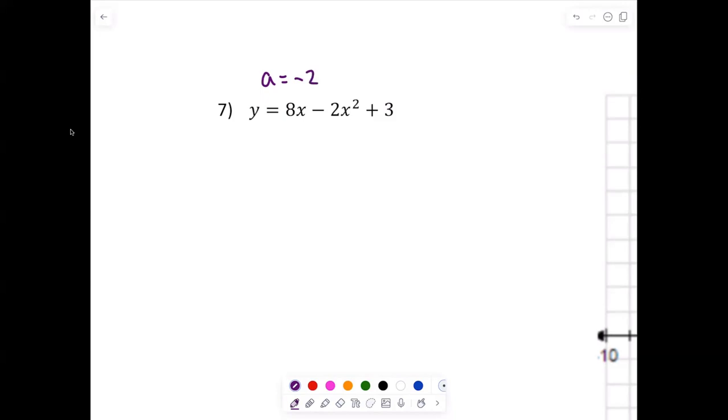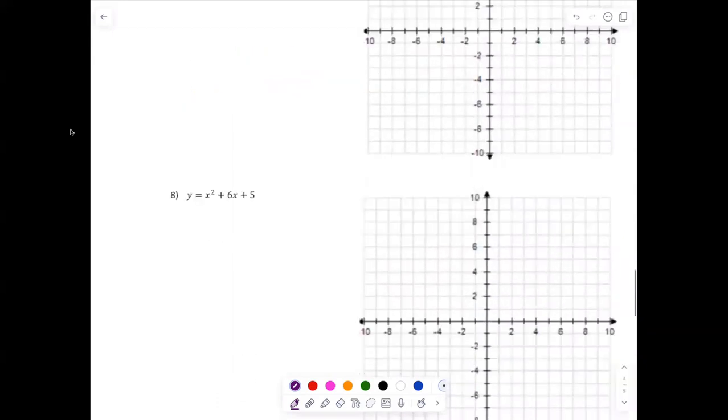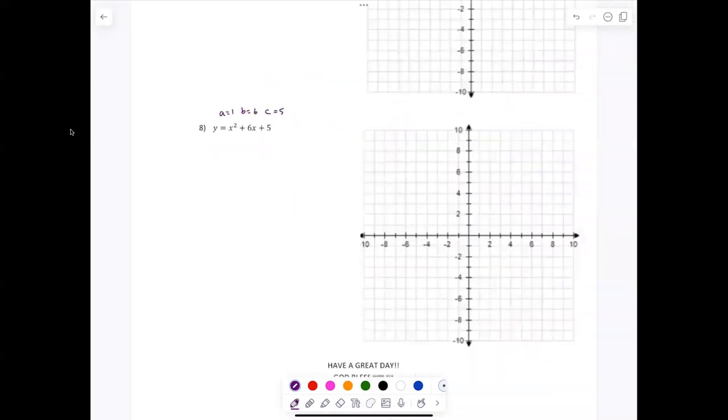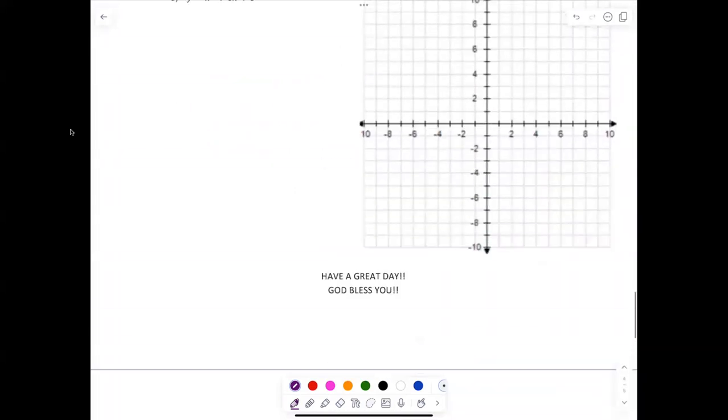See how I messed you up? What's b? What's c? Don't be fooled. And then check with your calculator. Does everybody hear me? All right, you got some graphs. Look at your notes.